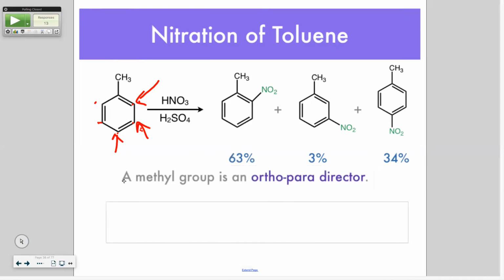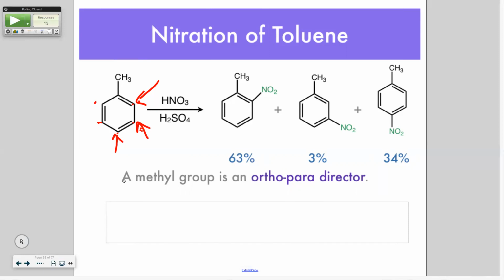A methyl group is considered an ortho-para director. A methyl group is telling the incoming electrophile where it can go. It's saying, I'm on the ring already. I have first dibs. So I'm telling you, you can go ortho and para, but you don't get to go meta.